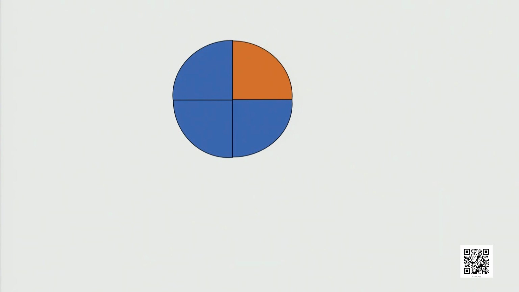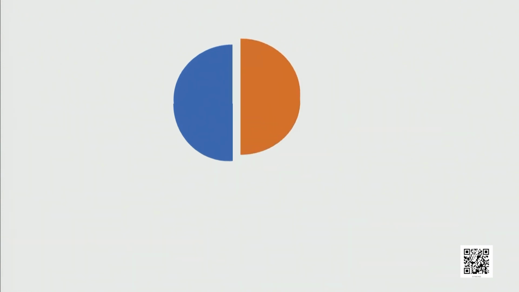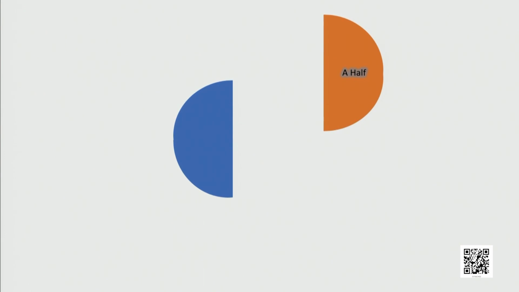I want to give a name to this orange colored part. We know that it is known as 1 quarter. Okay, let us move further. Again, I want to cut the circle into 2 equal parts. It has been cut and I want to give a name. Again, you have an answer for that. It is known as a half.